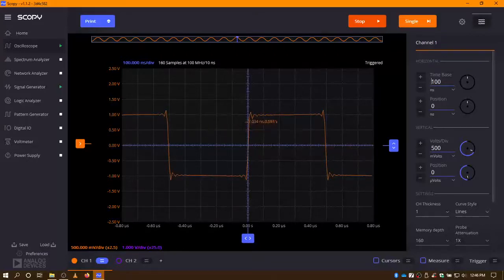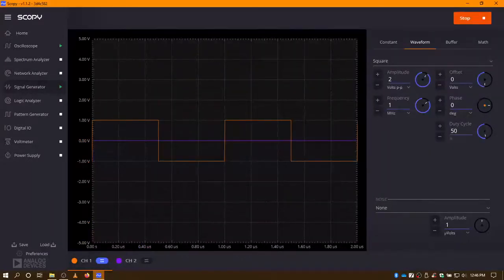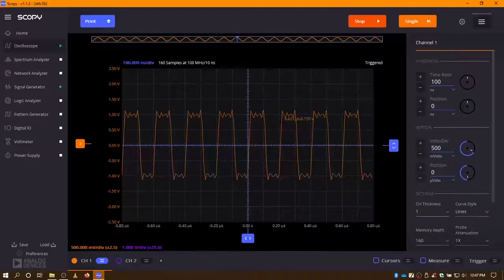In all honesty, this ringing here, I'm not sure if it's coming from the generator portion or the oscilloscope portion of the equipment. And when you increase the frequency, say let's go up to 5 megahertz on our square wave, you see it becomes more pronounced. And that's the bandwidth issue there.